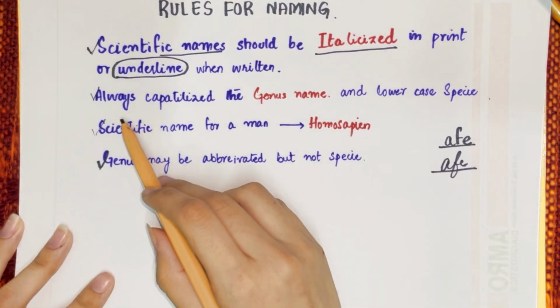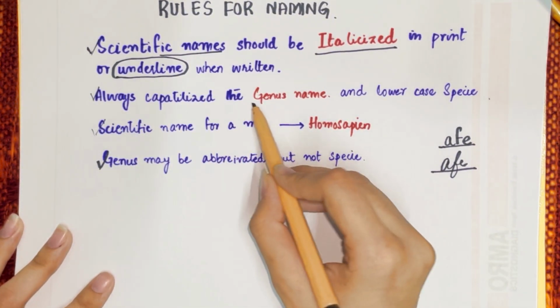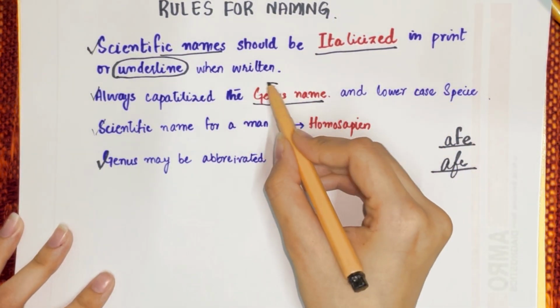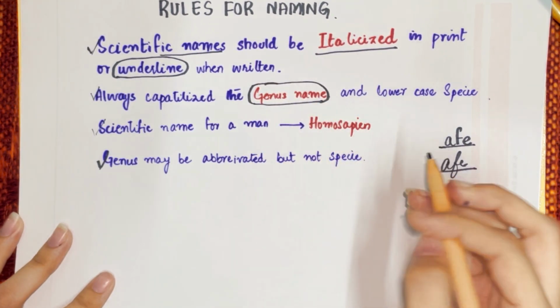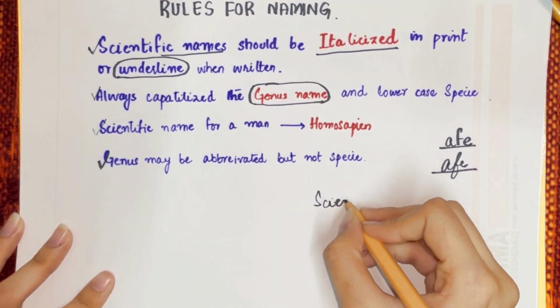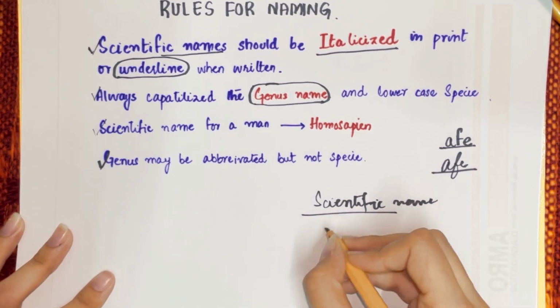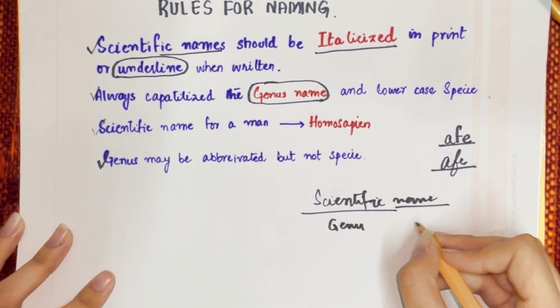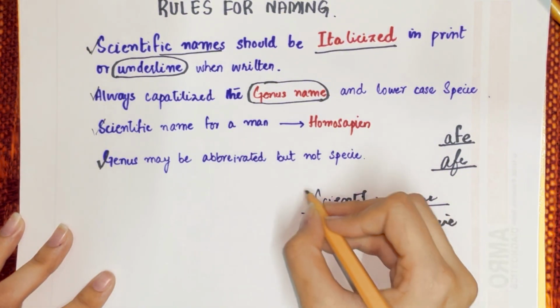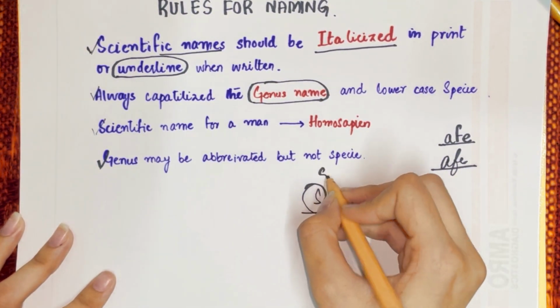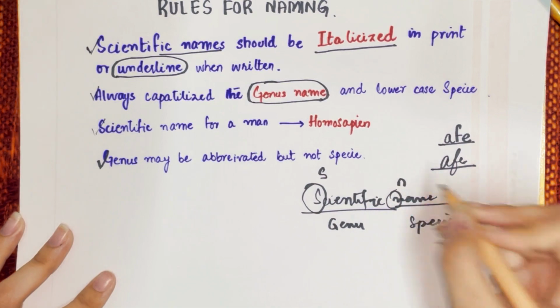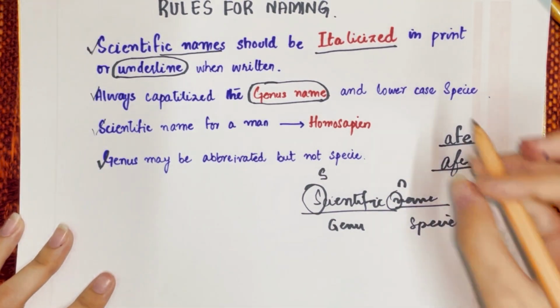The next pointer says always capitalize the genus name and lowercase the species. When we're talking about nomenclature, I've told you the scientific name has two parts, the genus name and the species name. Always the genus name is kept capital, and the species name is kept in a lowercase letter.